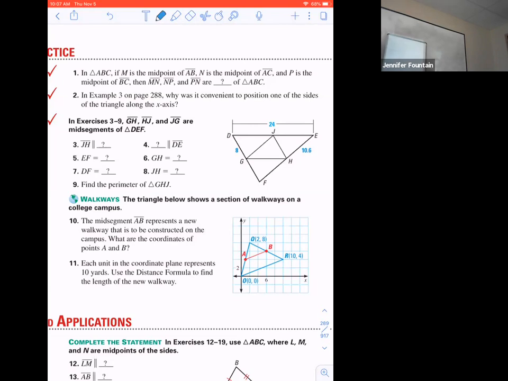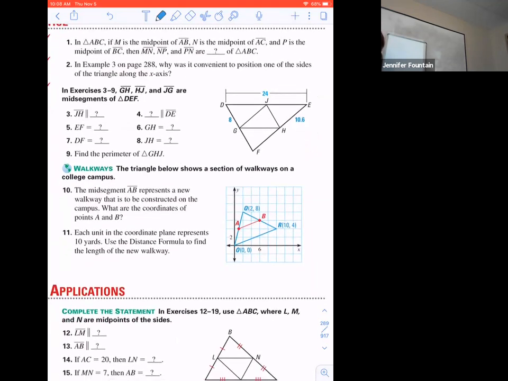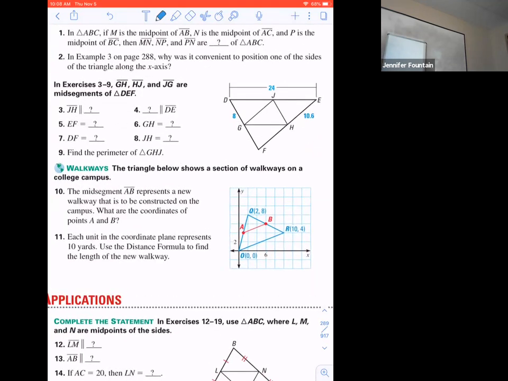Number 4, what side is parallel to DE? So DE, what's parallel to DE? GH, good. All right, number 5. EF is equal to what? What is the measure of EF equal? Well, EH is 10.6, so what's EF going to be? So think about if H to E is 10.6, what is this one going to be?